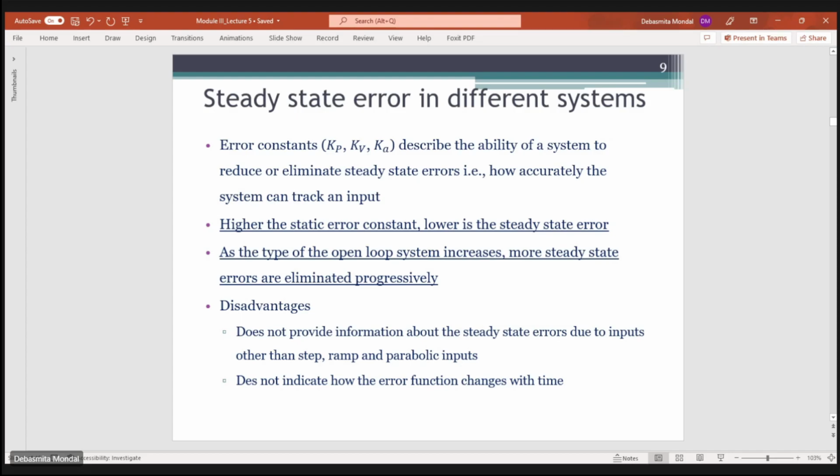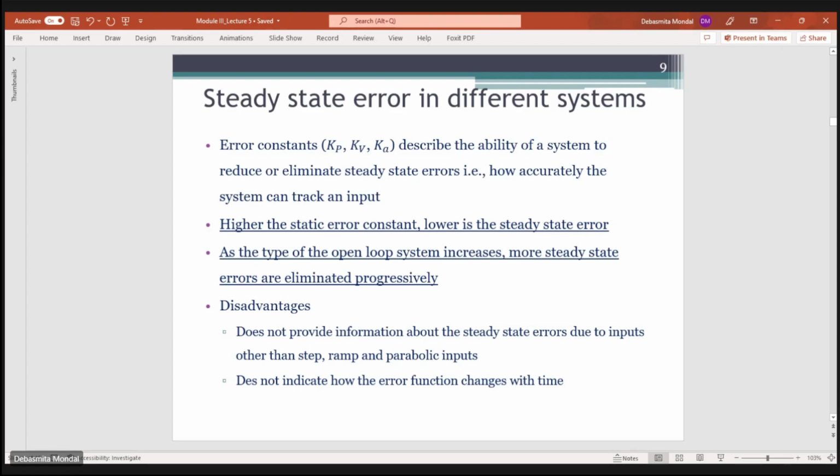Also, it does not indicate how the error function is actually changing with time. It does not provide any information about how the error signal is changing in the transient phase. It only gives you information about what is happening at the steady state, or what error occurs when you have reached the steady state.